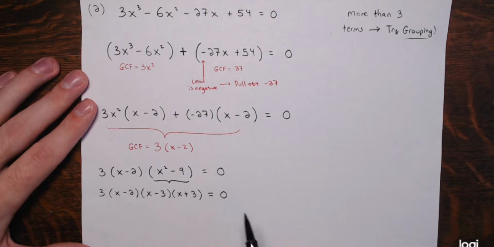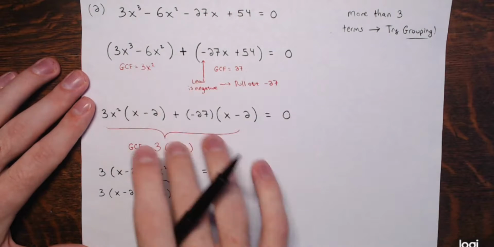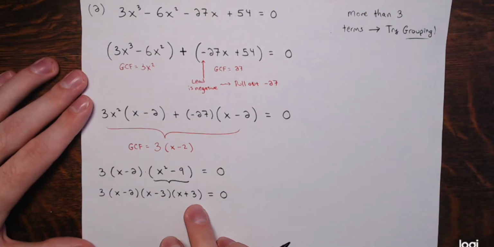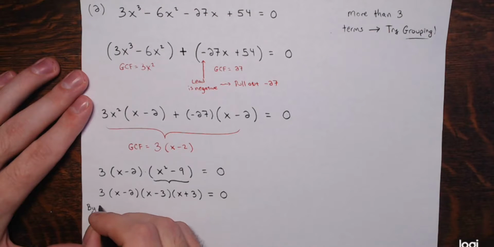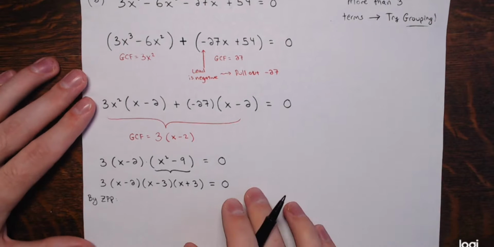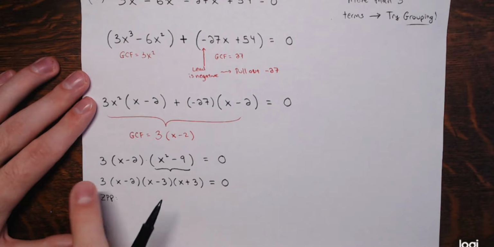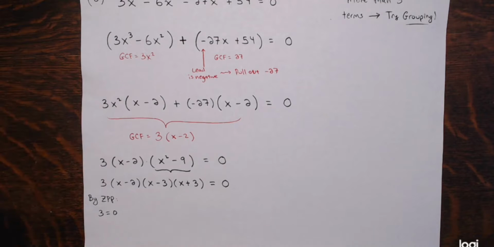Great. All right, so that was step 2, right? Get the polynomial equals 0, factor completely. And then I apply the zero product property, right? By the ZPP, I have a product equal to 0 here. Either 3 equals 0, but that's not happening, right?